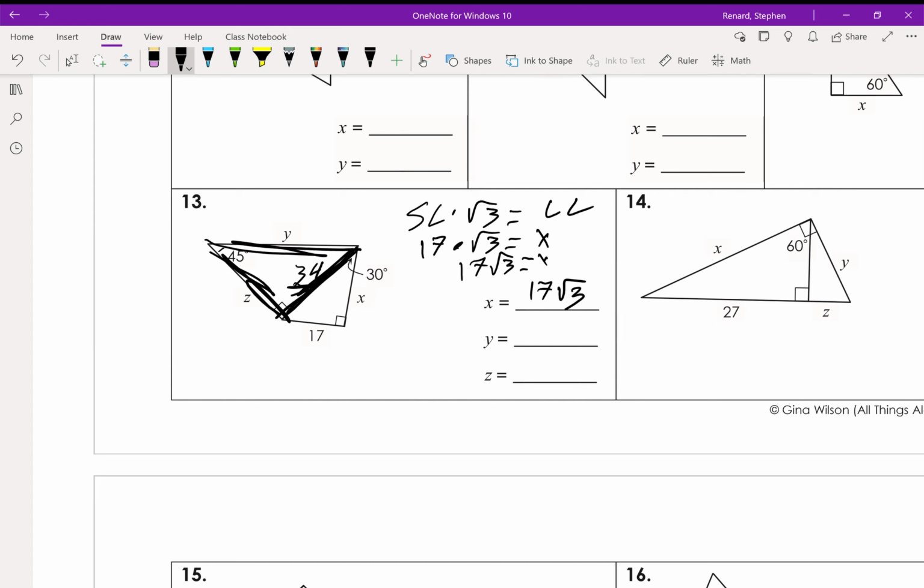So that's 34. We look at our 45, 45, 90 flow chart. This is a leg, not the hypotenuse. Y is our hypotenuse. So it says take that 34 value and plug it in for the other leg. Then 34 times the square root of 2 gives me 34 radical 2 as the hypotenuse.